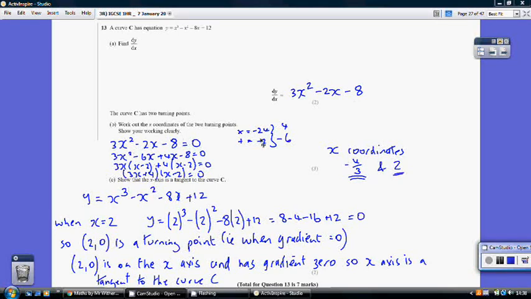So I've said to myself, what two magic numbers multiply to be the 3 times the minus 8, which is minus 24, but at the same time add to be the minus 2, which is 4 and minus 6. So I've split this minus 2x into two terms, minus 6x and plus 4x.